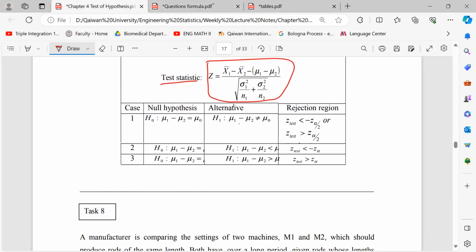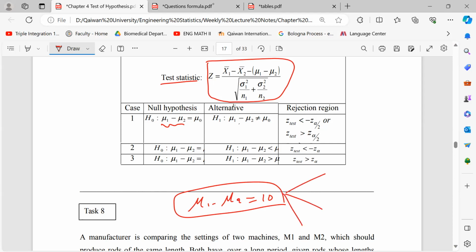Now, for the difference of two means, say their difference is, let's say, 10. That means mu1 minus mu2 is 10. This is the null hypothesis. For the alternative hypothesis, we always have three cases, but we need to choose one of them based on the context, based on the example.